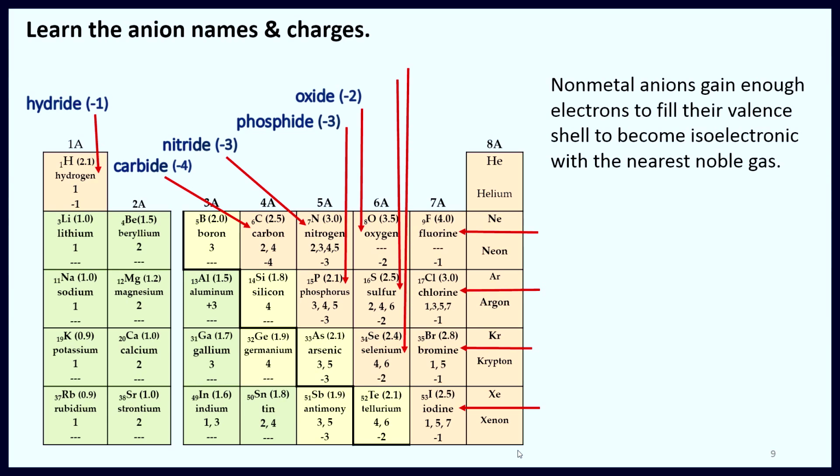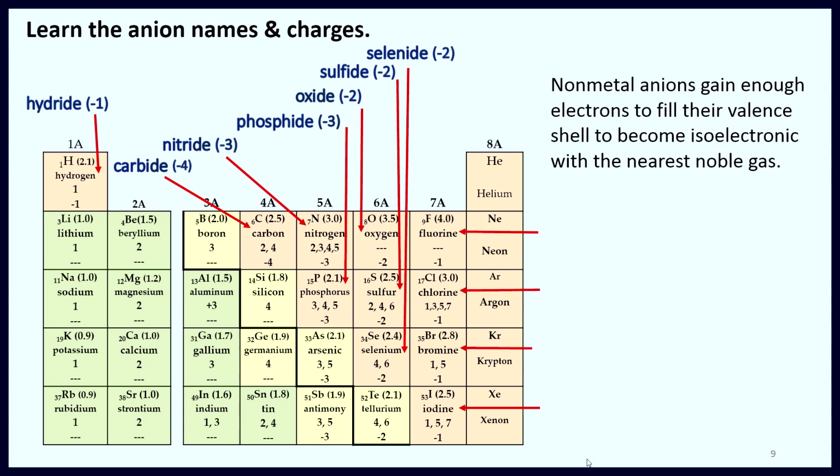Well, oxygen becomes oxide, and of course its oxidation number or charge must be -2, because this atom will gain 2 electrons to be an anion, becoming isoelectronic with a group 8A element. Similarly, sulfur would become sulfide with a charge of -2, and selenium would become selenide with a charge of -2.